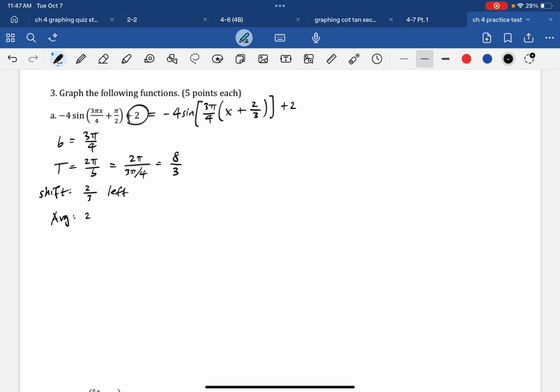It's always the constant that is being added at the end or the beginning. And so the maximum is the average plus the amplitude, which is 4. So that's 6. And the minimum is the average minus the amplitude, which is -2. And so now with all this information, we're able to start graphing.